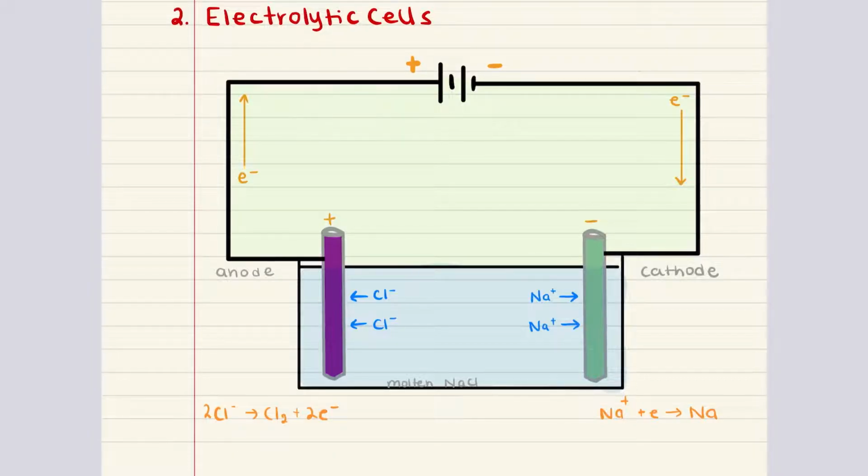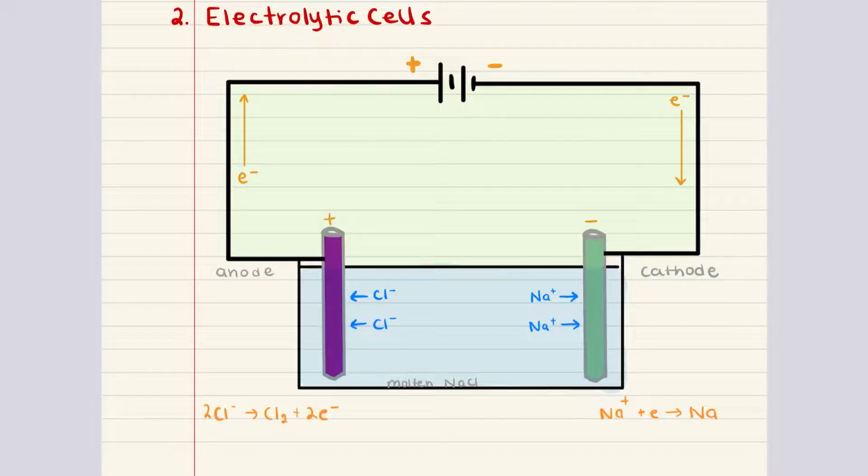In an electrolytic cell, there are two main electrodes. You have the anode and the cathode, similar to a galvanic cell. However, the roles of these electrodes are determined by the direction of the applied current. So in an electrolytic cell, the anode is the positive electrode.